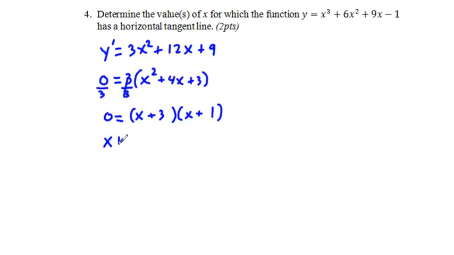So solving, we have x plus 3 is equal to 0, x plus 1 is equal to 0, so we have x equals negative 3 and x equals negative 1. These x values are where we have horizontal tangent lines, and so that's our answer for 4.